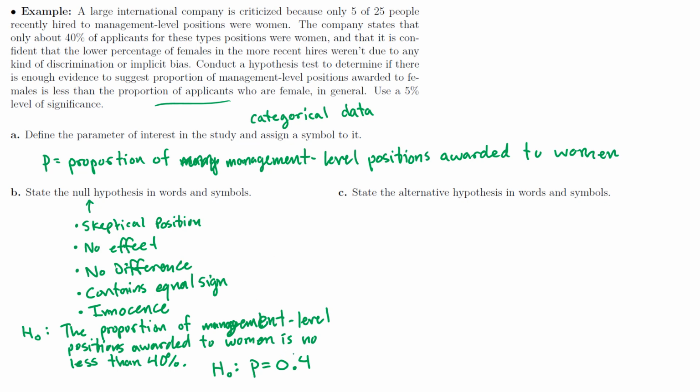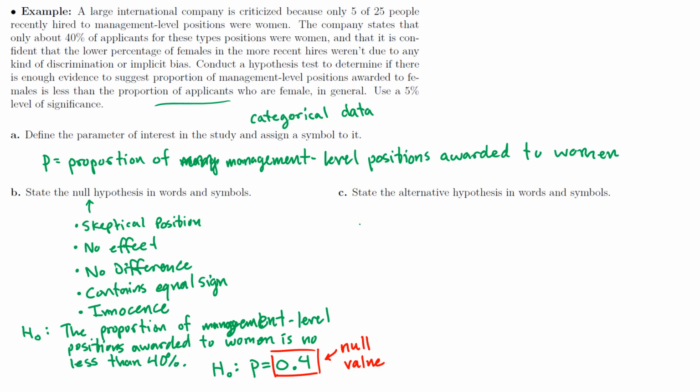So make it the best case scenario, essentially, for the null hypothesis. By the way, this 0.4 that we're talking about here, we refer to this as the null value. Whatever number you're using when you write the null hypothesis out in symbols, that's the null value.